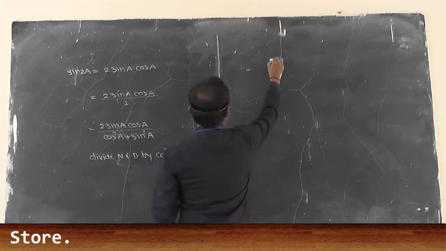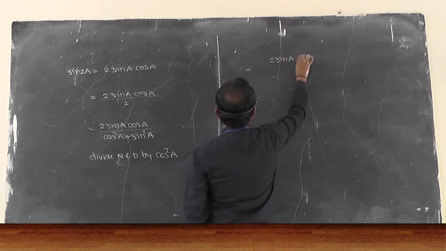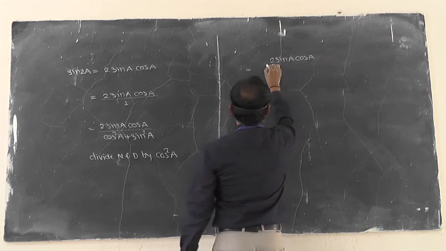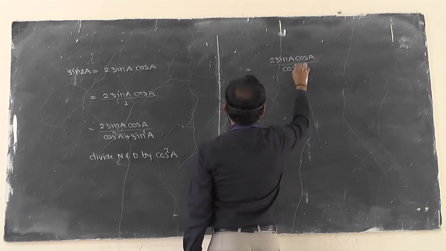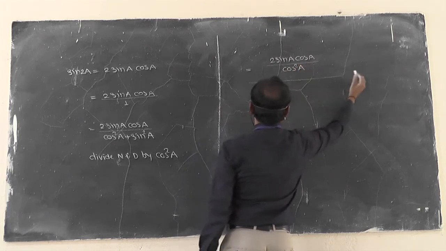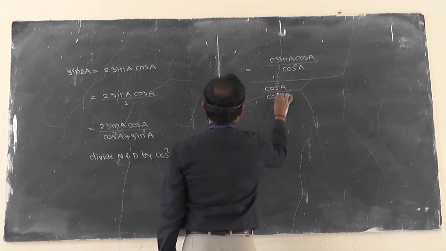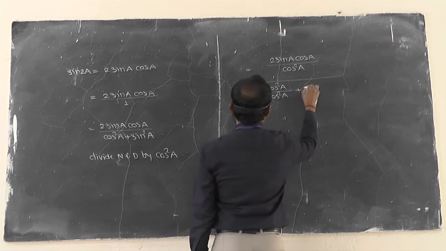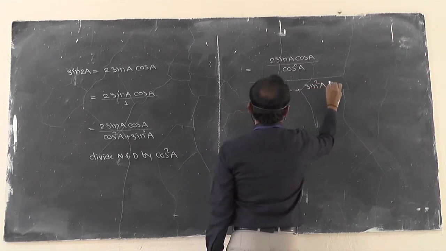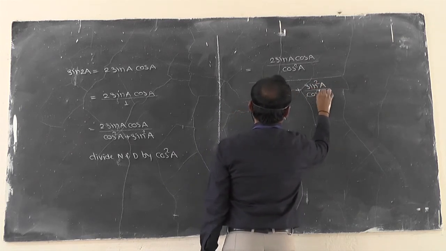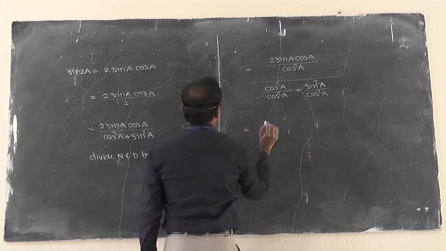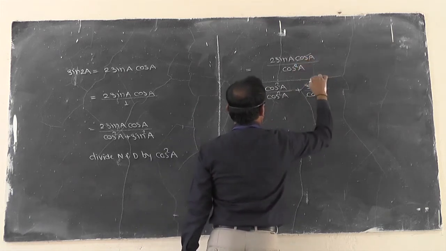Your next step is 2 sin a cos a divided by cos square a, and the total is divided by cos square a upon cos square a plus sin square a upon cos square a. This single cos a gets cancelled.